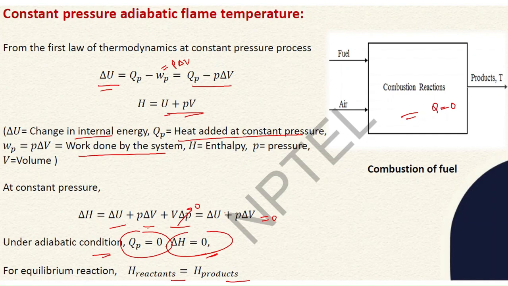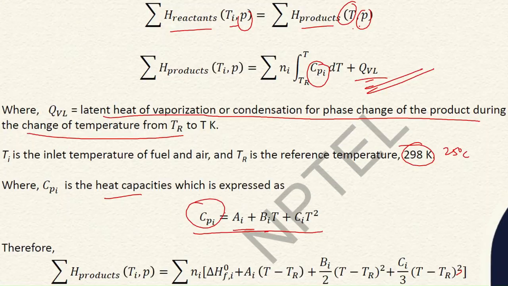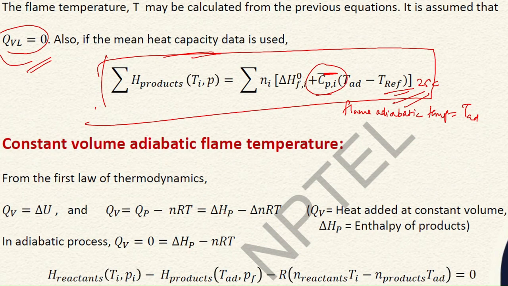And delta U, if we take it from here, is delta H minus P delta V, which becomes nRT.